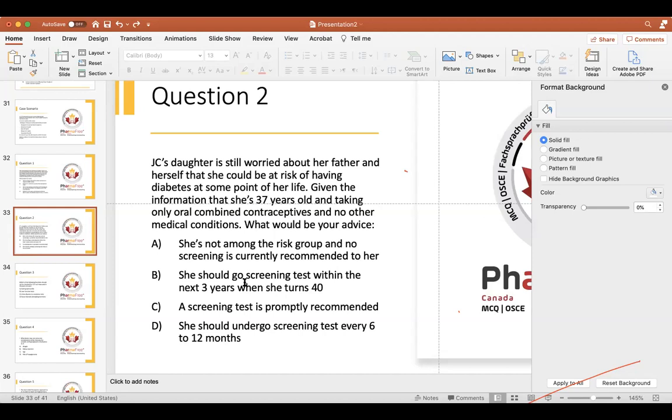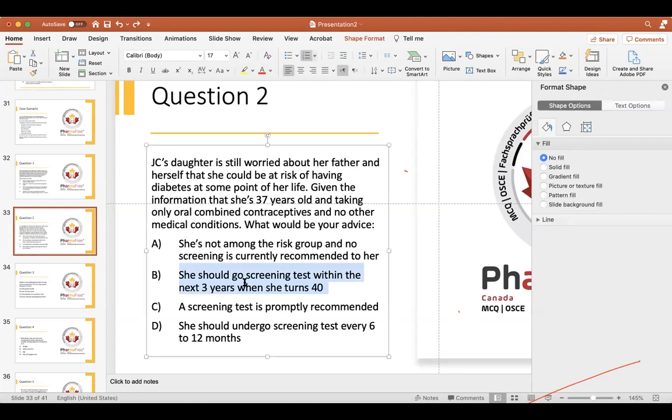B, she should go for a screening test within the next 3 years when she turns 40. Yes, this could be fine as well. When she is above 40, yes, she has to take the test. 40, excuse me, not 30. The first thing to decide when to go for screening is the risk factor. No risk factor, no screening. If there is a risk factor, screening every 6 to 12 months.